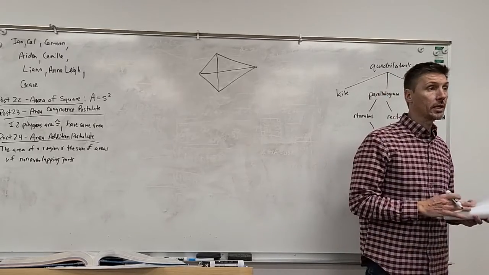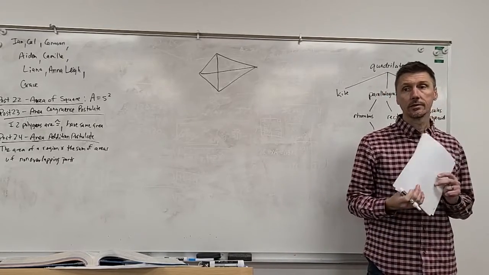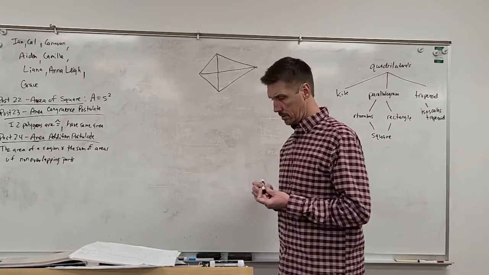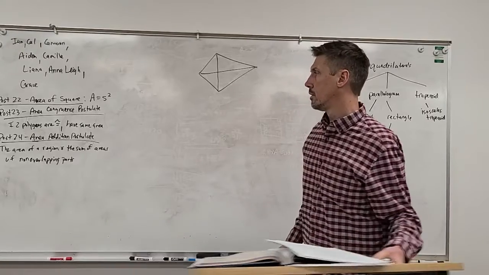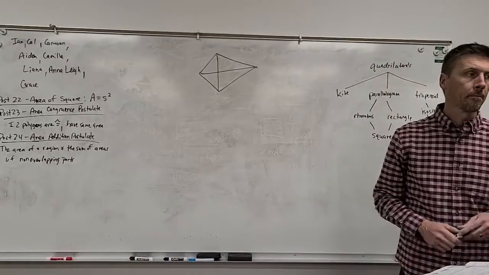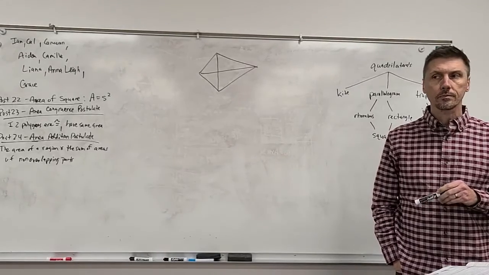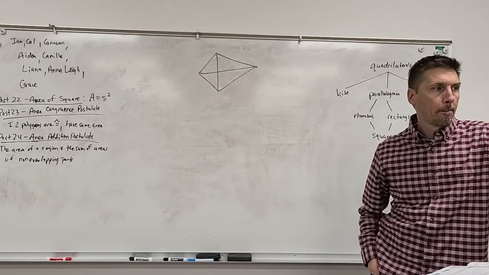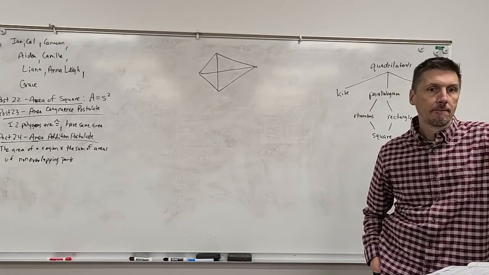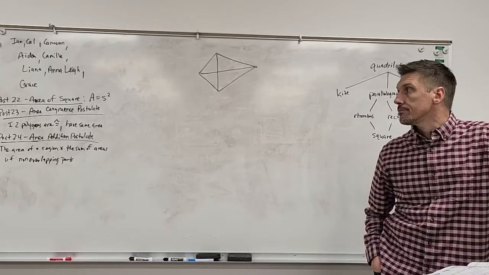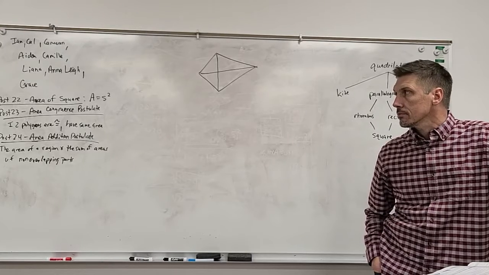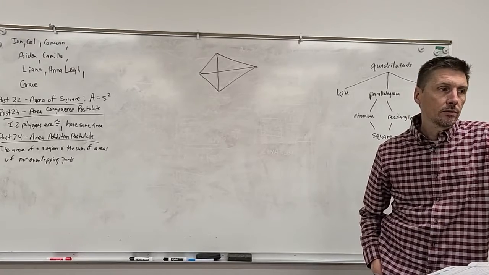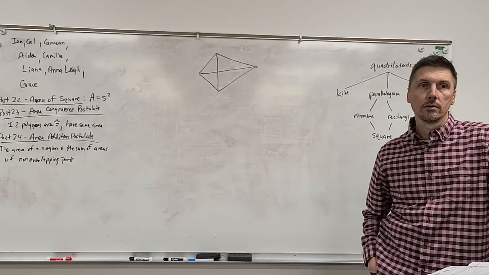one of the area formulas that I'm going to give you is the area of a kite. I'll let you guys finish writing that down. So why is it important that you write these down, that you know what they are?